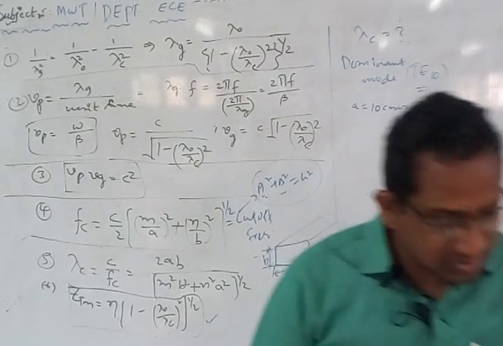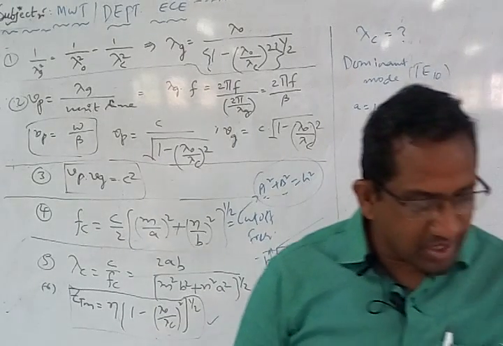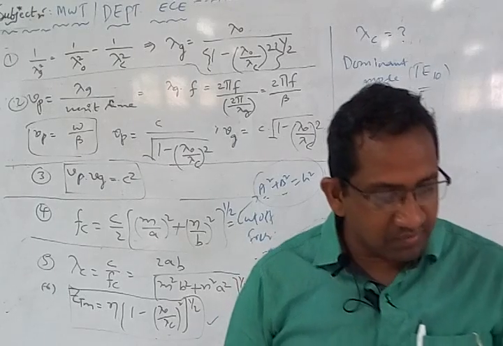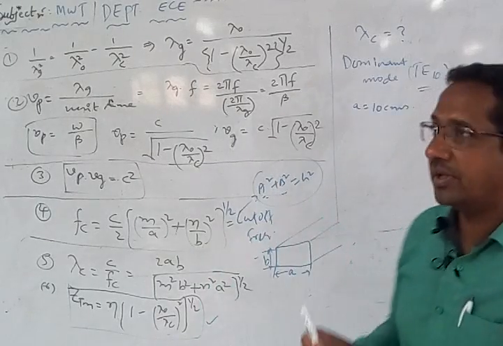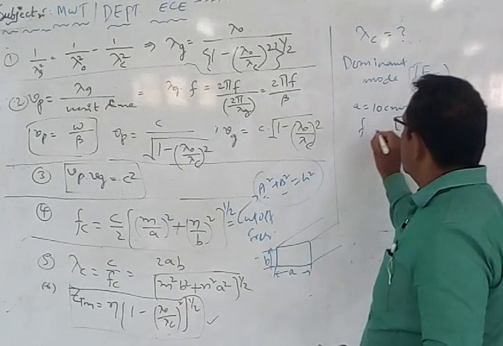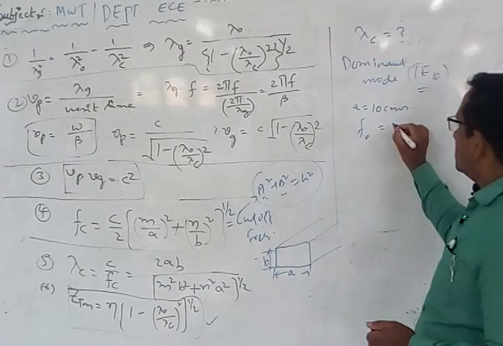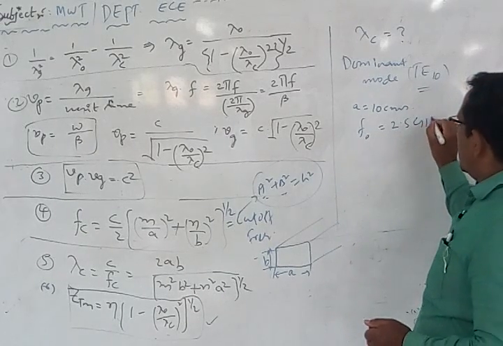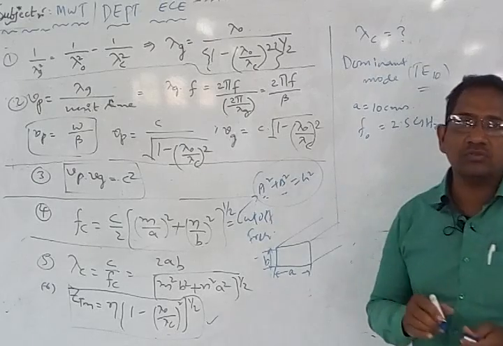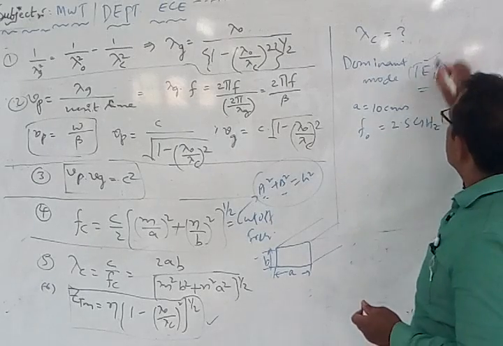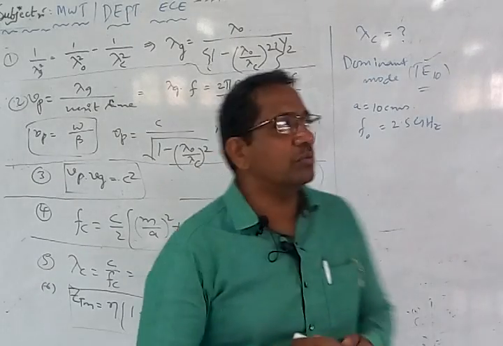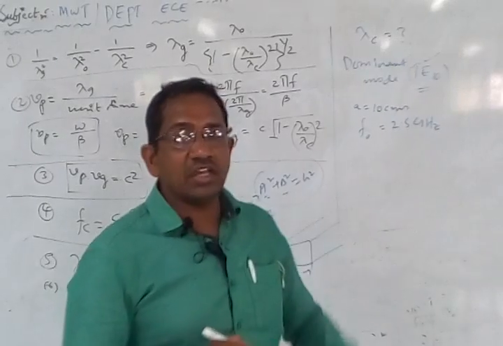What else is given to us? A 2.5 gigahertz signal propagating in this waveguide in the dominant mode. That means the signal frequency is equal to 2.5 gigahertz, and it is propagating through the waveguide in the dominant mode. So this is the data given to us.